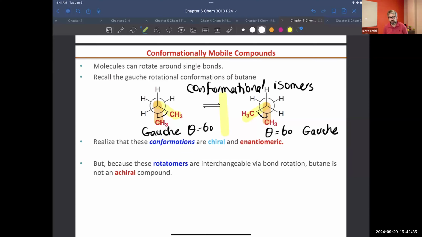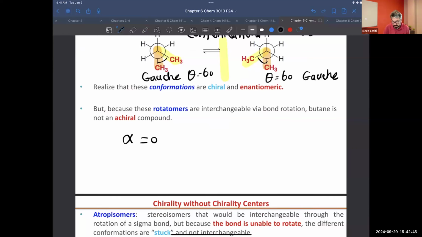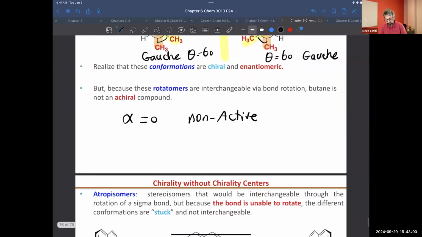You will always have 50-50 of both of them, and the solution will not be active. So you are not going to get any rotation. Rotation is going to be 0, and we say non-active or optically not active. You are not going to see any chirality, because rotation around a single carbon-carbon bond is feasible.